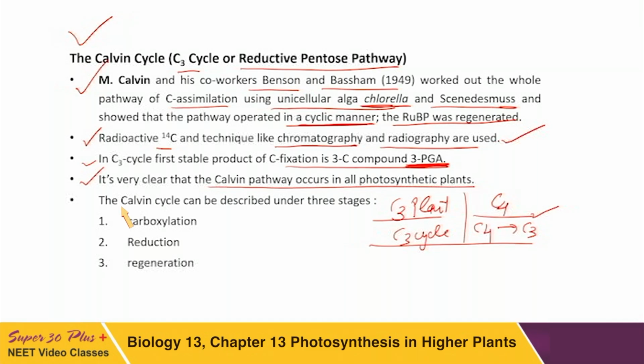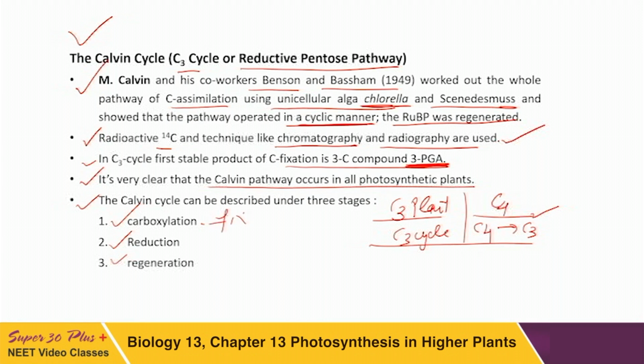The Calvin cycle, the C3 cycle, we can divide into 3 important steps. One is carboxylation, one is reduction, one is regeneration. Carboxylation means the fixation of carbon dioxide.